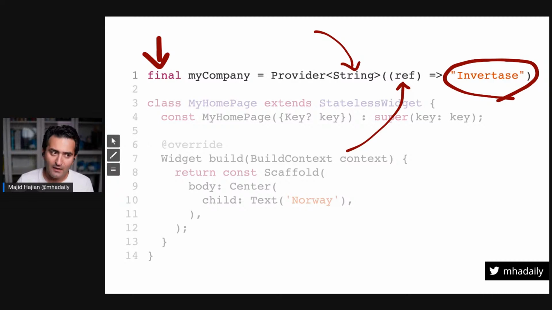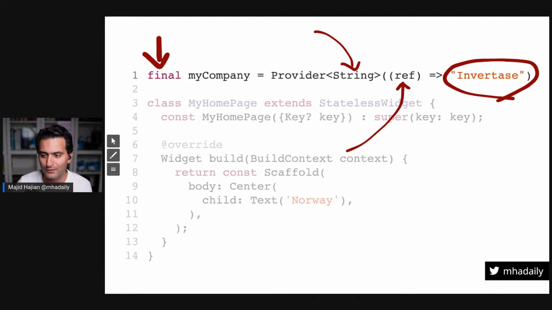So the simplest provider just provides you a simple value, and in this case I have a string. In the provider I have a callback which has a parameter named ref. We will see this ref a lot, and it's a very powerful parameter which gives you a lot of flexibility.